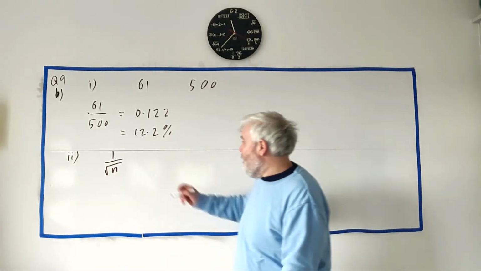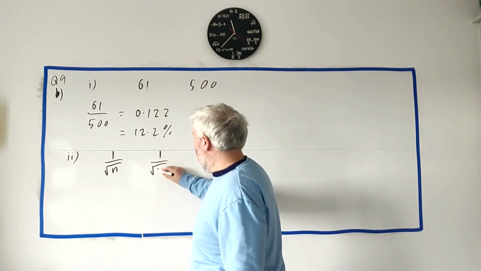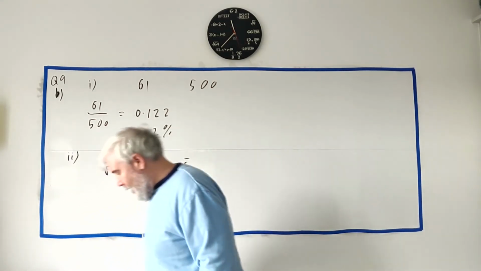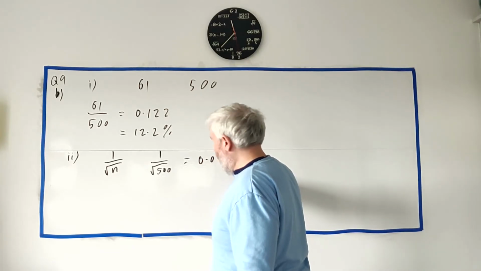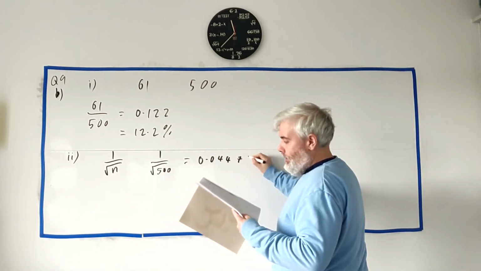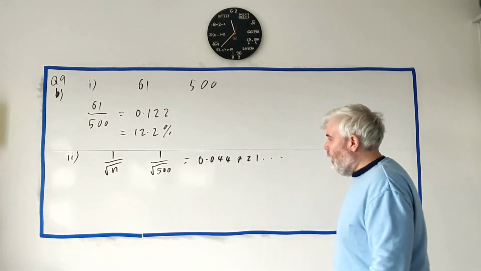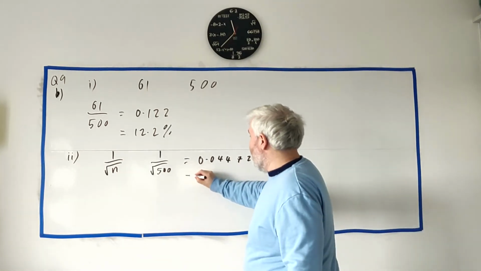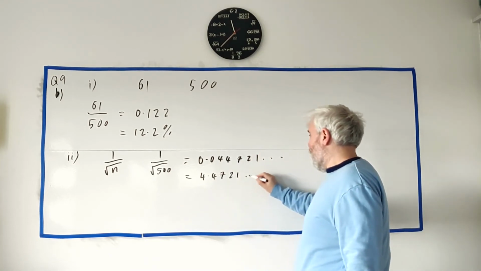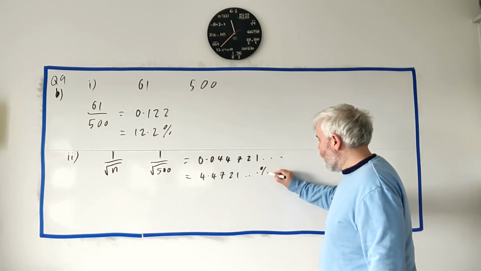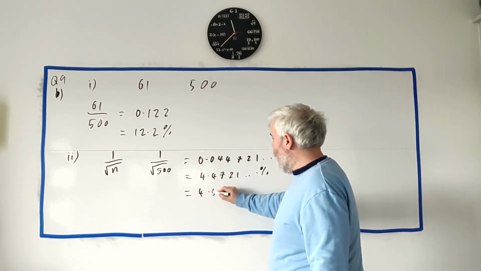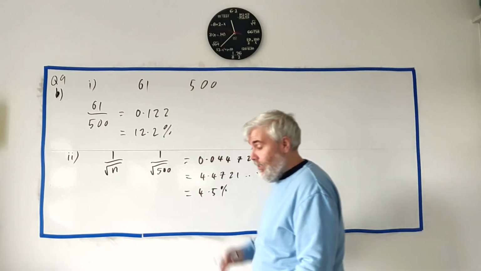And for 500, 1 over the square root of 500 will equal 0.04472 and so on. Multiply up, turn that into a percentage, we get 4.4721 and so on percent, and round that off to 1 decimal place, we get 4.5%, just as they expect us to.